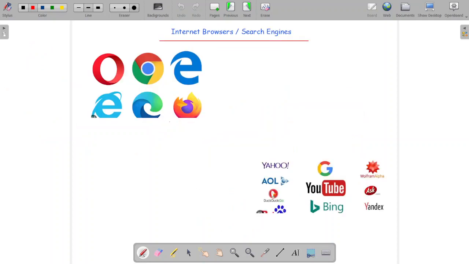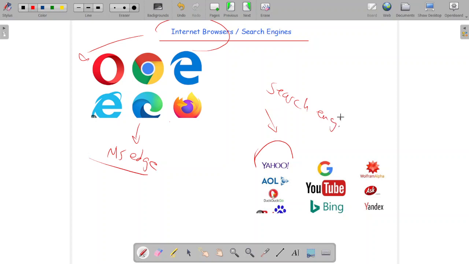The last topic was about internet browsers and search engines, and these are the internet browsers. We tried to refer to all of them. This is Microsoft Edge, and I told you to do some research to distinguish them. And these are actually not internet browsers, we refer to them as search engines. What's the main difference between them? We say that you can open a search engine using an internet browser, but you cannot do the opposite.